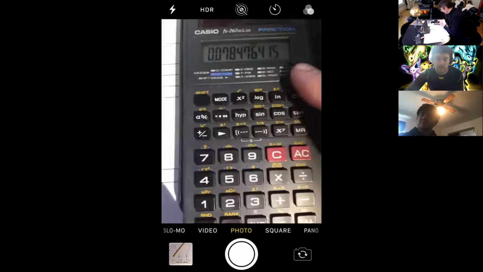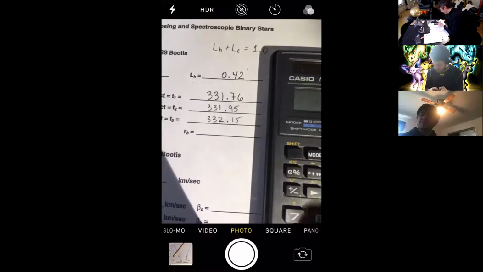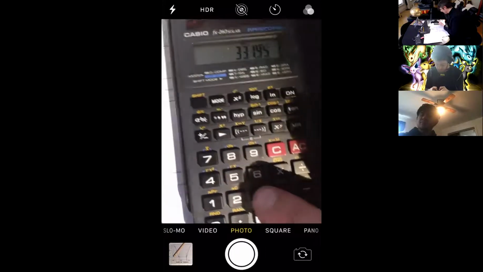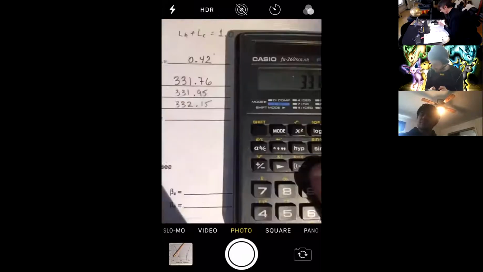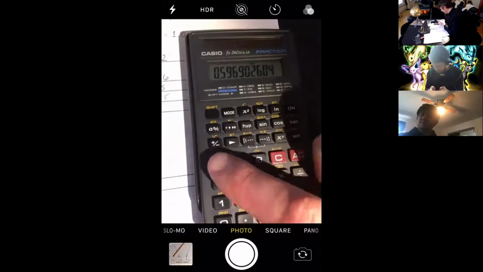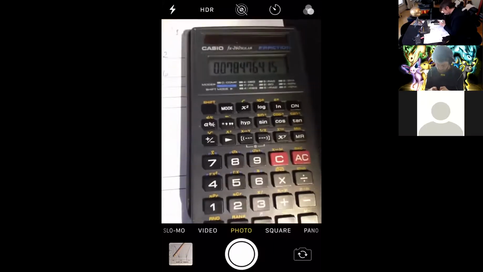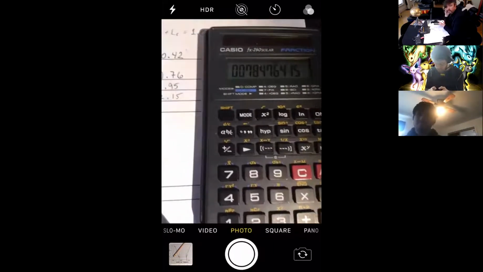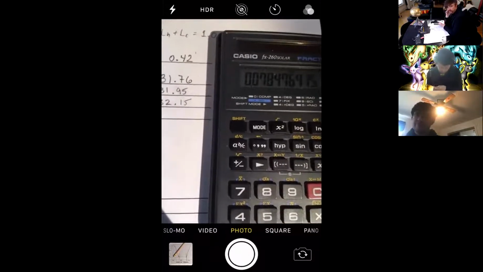Right, let's punch it in together. Pi times, open parentheses. Are you using 331.95? Yes. Okay. Minus 331.76. Right? Close. Divided by 7.60614. What am I doing wrong here? It's T2 and T1.